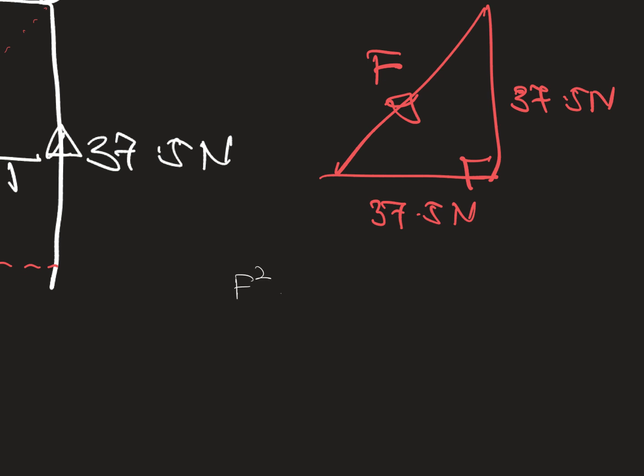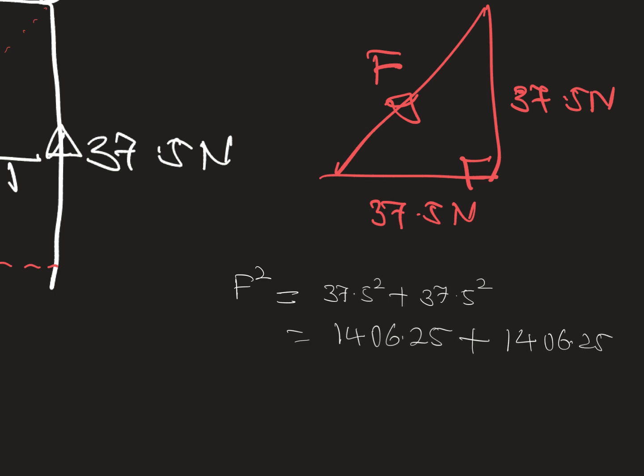So F squared will be equal to the sum of squares of the other two sides. That will be 37.5 squared plus 37.5 squared. 37.5 squared is 1406.25, then plus another 1406.25.